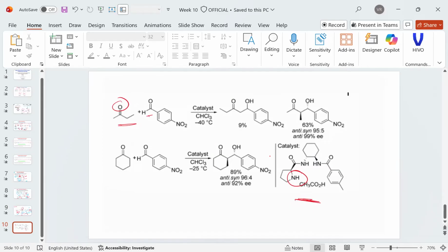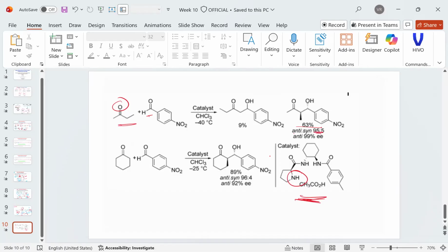So it forms the imine followed by the enolate, and this enolate attacks this aldehyde. Once it attacks, we get some selectivity because of the auxiliary part attached to this ketone. In this example particularly, we get an anti to syn ratio of 95 to 5.